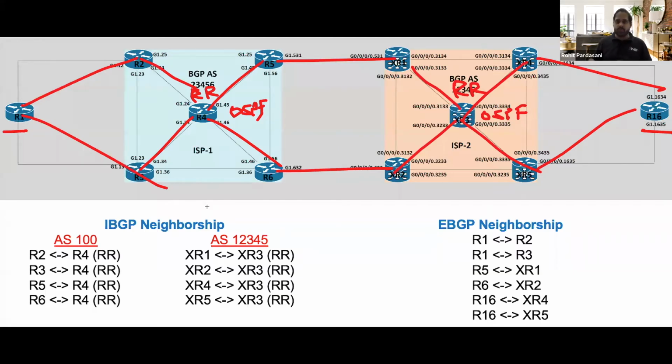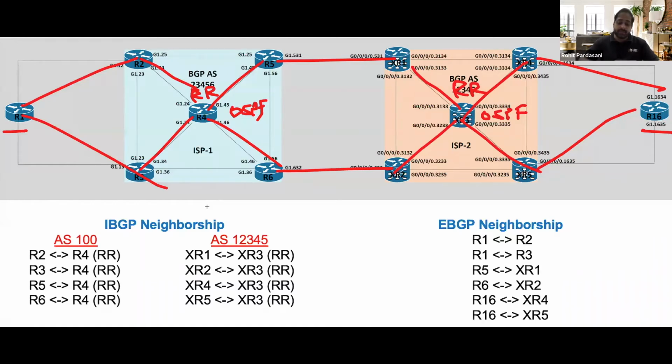The next one is AS path. So now he compares: if I go through router 2, how many hops of AS do I see? Don't look at the number of routers, look at the number of hops. It's always hop count. If I go through router 2, I have 3 hops. The first hop would be AS 100. The second hop would be AS 12345. And the third hop would be AS 16.